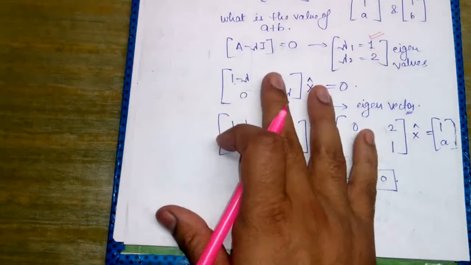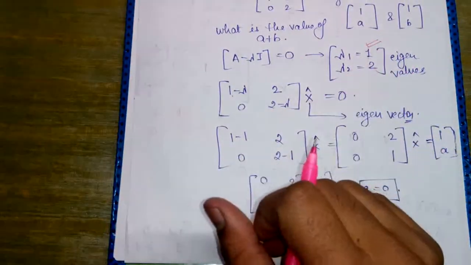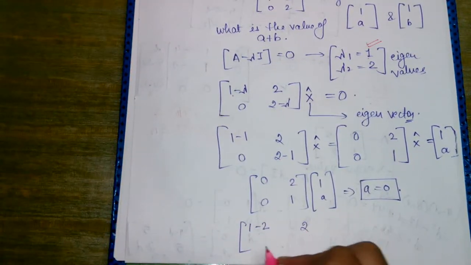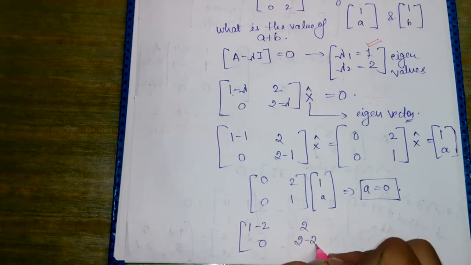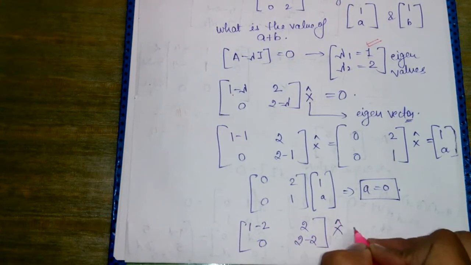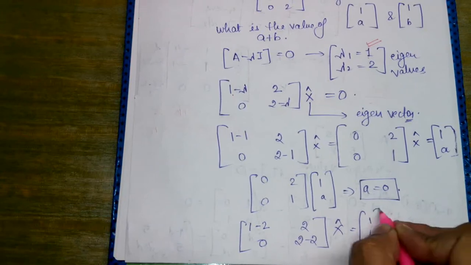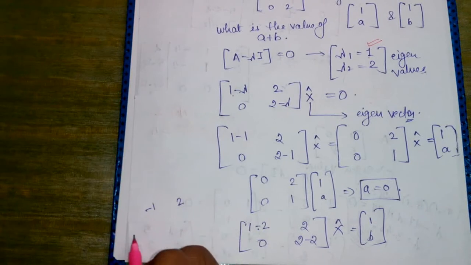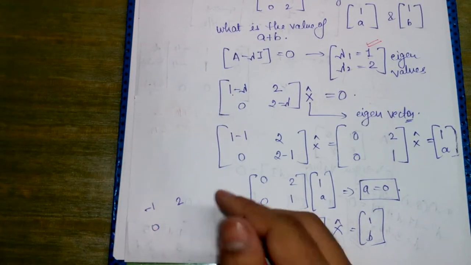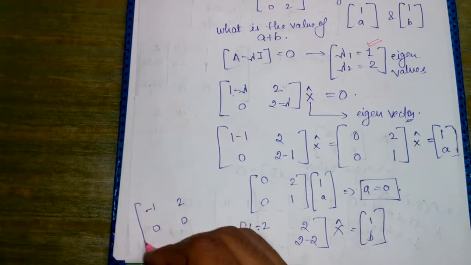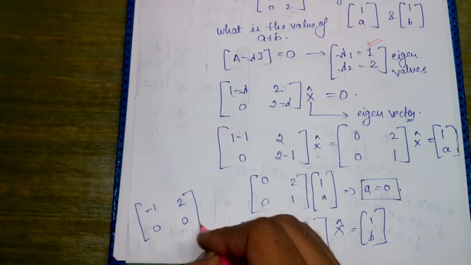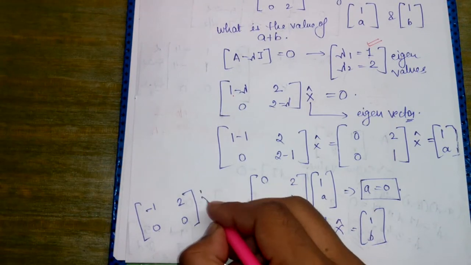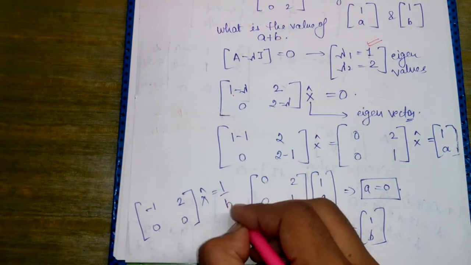Now in this particular equation we will keep the value of lambda equal to 2. So we will obtain [1 minus 2, 2; 0, 2 minus 2], which is [minus 1, 2; 0, 0] into x bar, where x bar is [1, b].